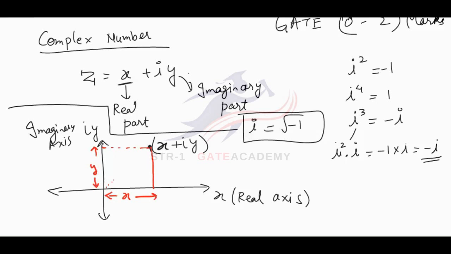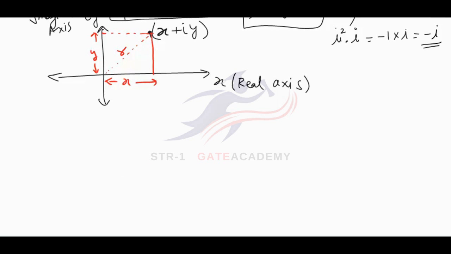Now if I want to find this distance, let's say r, it is x square plus y square, by the Pythagoras theorem. So r is x square plus y square under root. This r is nothing but the modulus or absolute value of z, the complex number.